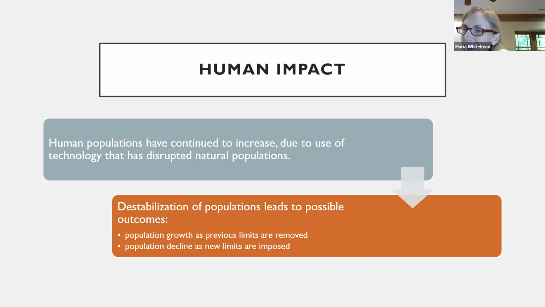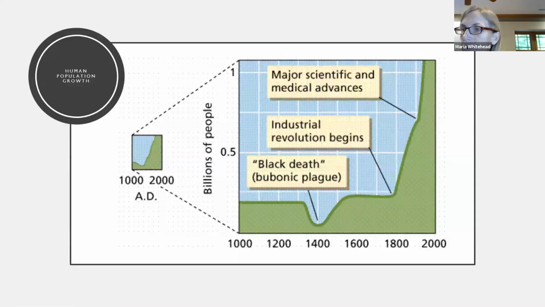So destabilization of populations leads to a couple of possible outcomes: population growth as previous limits are removed, and population decline as new limits are imposed. And we can look at lots of vertebrate populations and understand how humans are impacting that population growth.